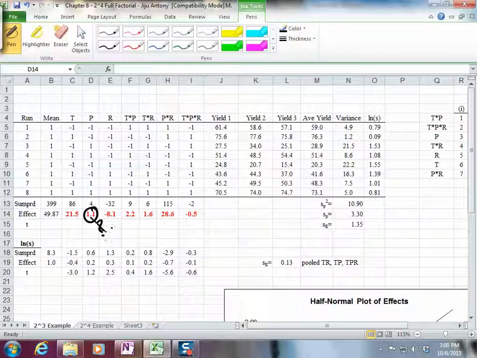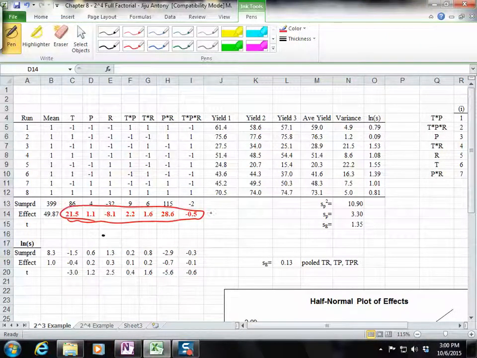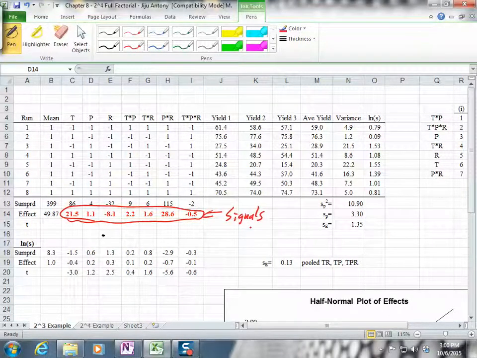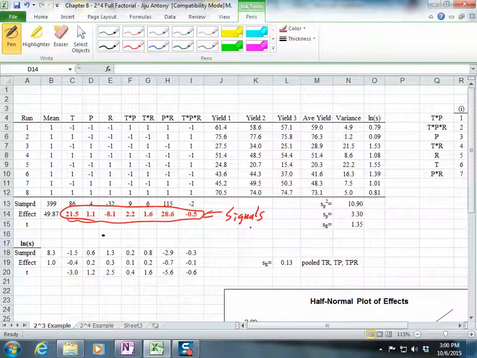Before we start saying where we're going to optimize it, the question that we have to answer in statistics is, these are the signals, and which ones can be explained by noise and which ones can't be? We did 3 replicates, and the reason we did that was to get a handle on the noise, right? So before we go any further, we have to sort this out. We have to figure out which ones are real signals, which ones can be explained by noise.